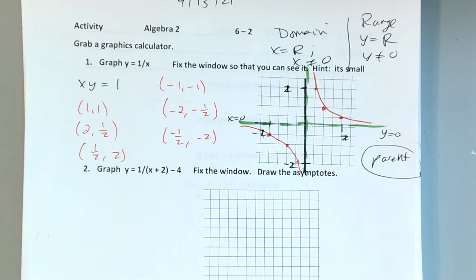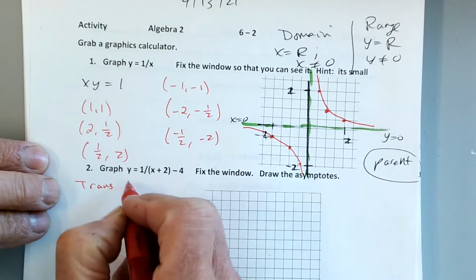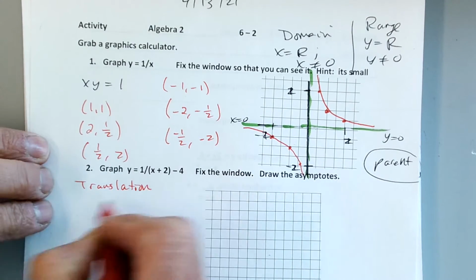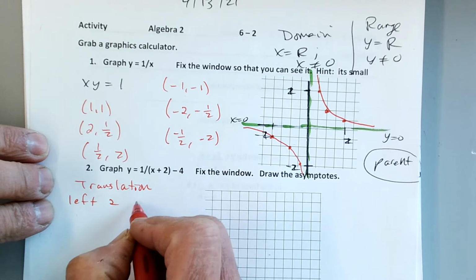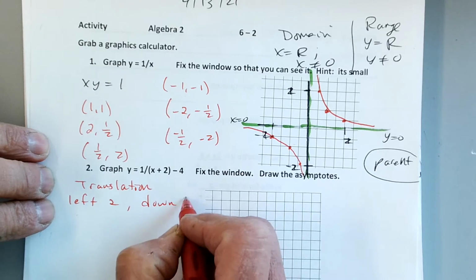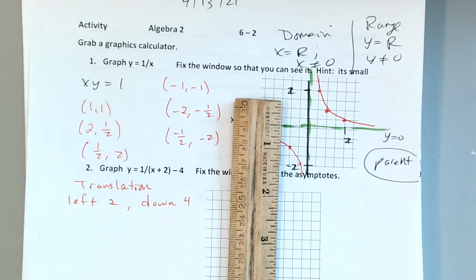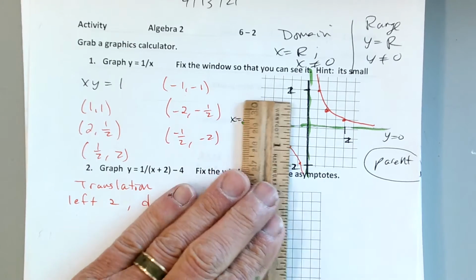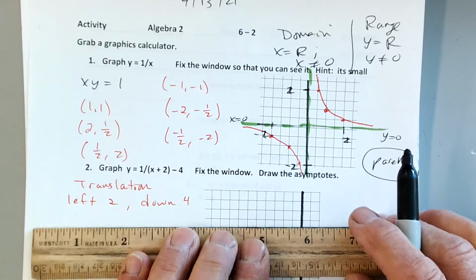So our translation on this is going to be to the left 2 and down 4. So when I put in my axes, I got to think about that. So maybe I'll put my axes way over here. All right, I'm going to try and put it way over here.